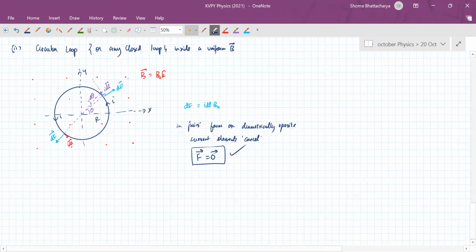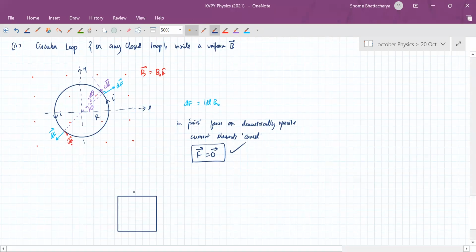Now we'll extrapolate this into any other type of shape. For example, we have a square loop of dimension L by L, again inside a uniform field, this time going into the plane. We have B equal to minus B naught K cap.